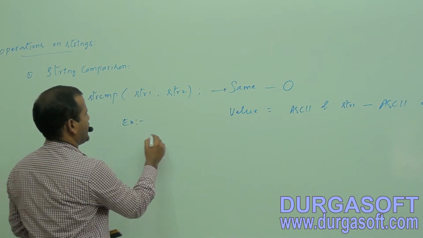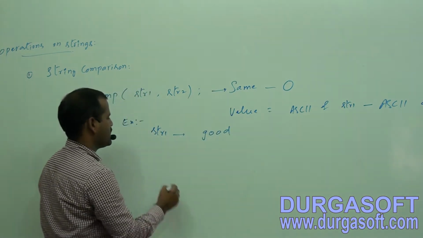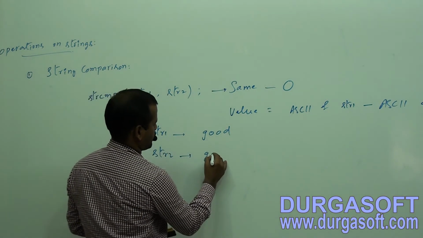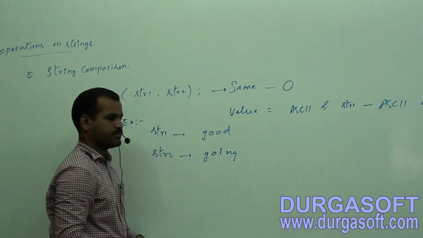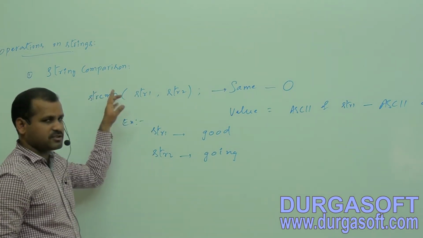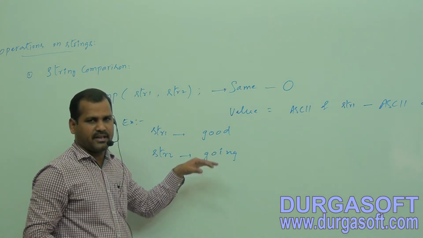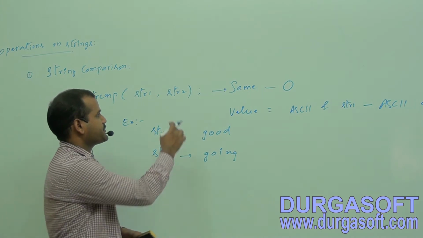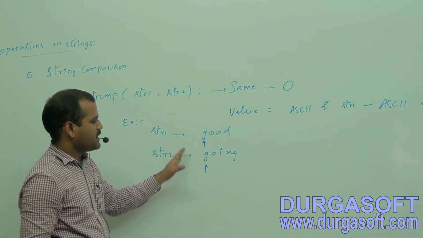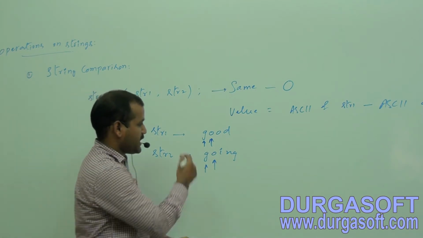For example, we take string 1 as good and string 2 as going. We give these two strings, good and going, as the parameters of the string comparison function. Then this function compares the first character, G, both are the same, it goes to the second character, O, both are the same, and it goes to the next character.